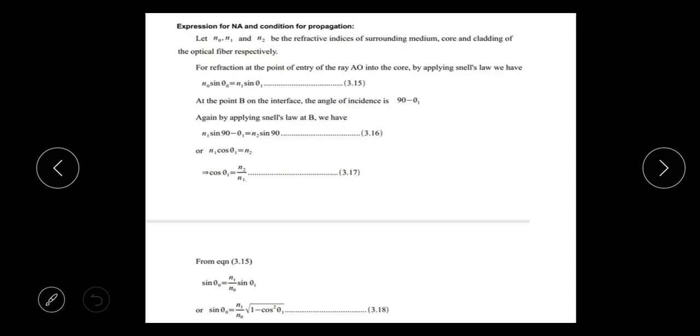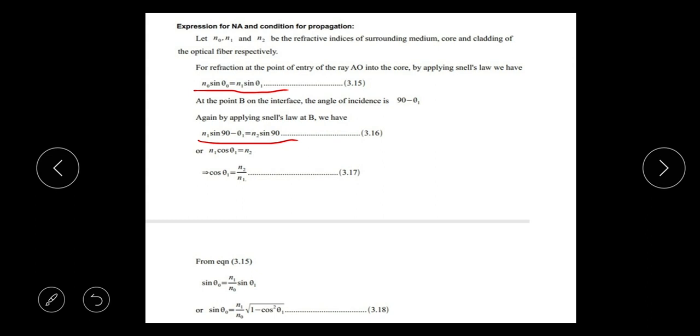It is given here. N0 sin theta naught is equal to N1 sin theta 1. Second case, N1 sin of 90 minus theta 1 is equal to N2 sin 90.